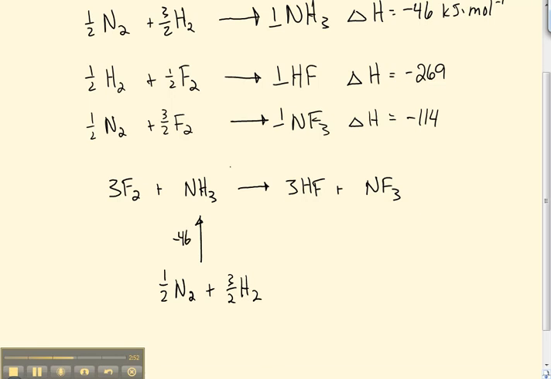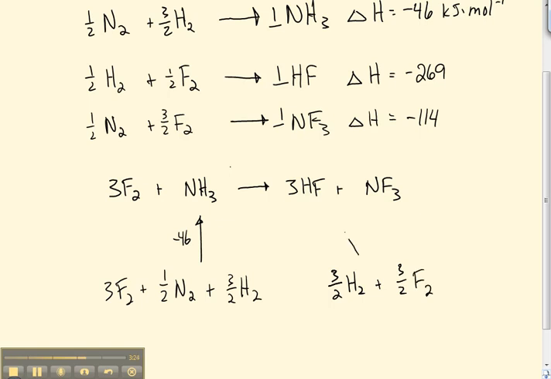Okay, but I also need to have 3 F2s here so that they appear right there as well. So that's good there. I need to make some HFs, but I don't want to make 1, I need to make 3. So to do that, I need to have, let's see, 3/2 H2s plus 3/2 F2s.